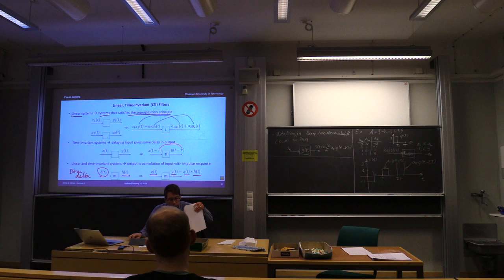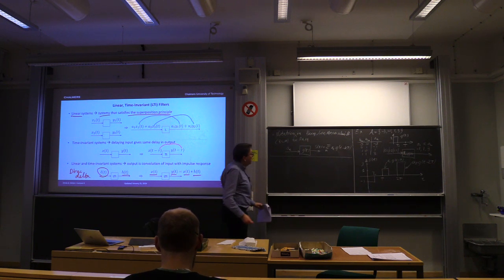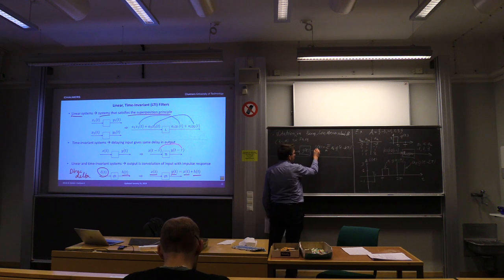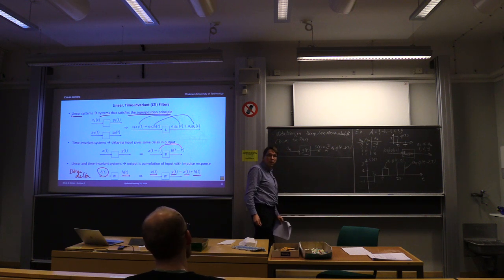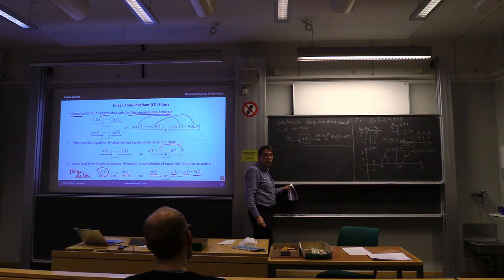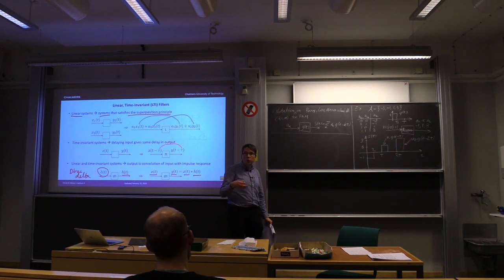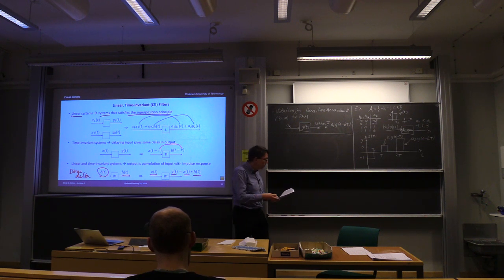Now, why do we do this? Well, one thing that we would like to do is to filter this signal s(t). If we have a pulse amplitude modulated signal, filtering of that is also a pulse amplitude modulated signal, but with another pulse shape.